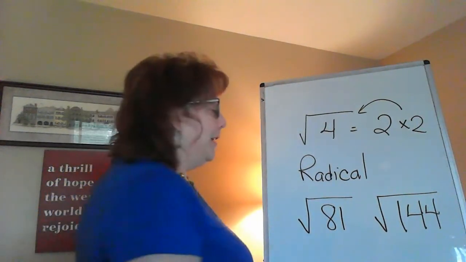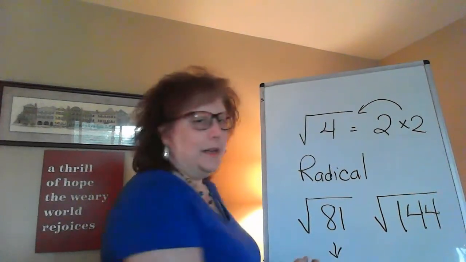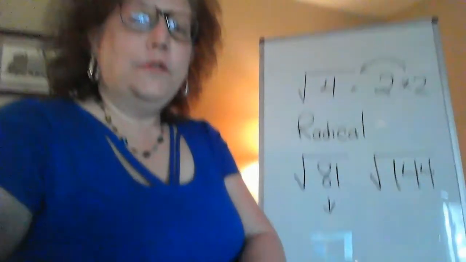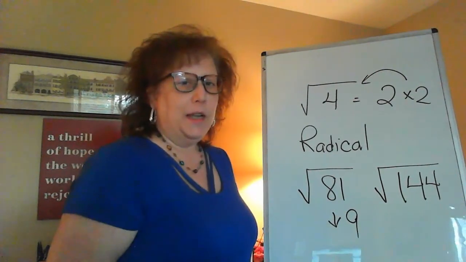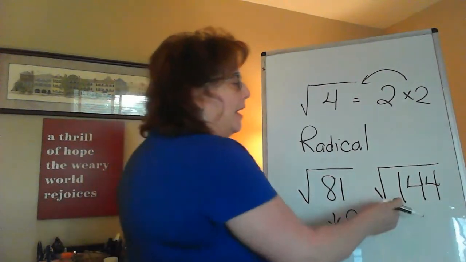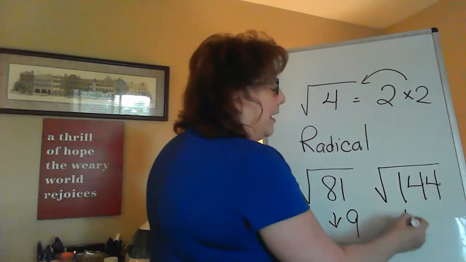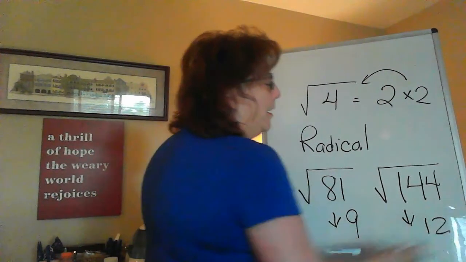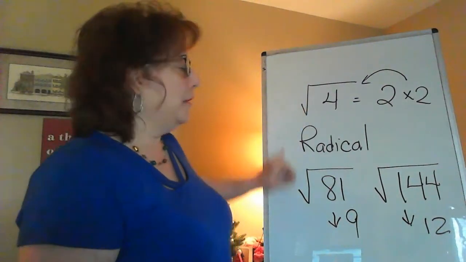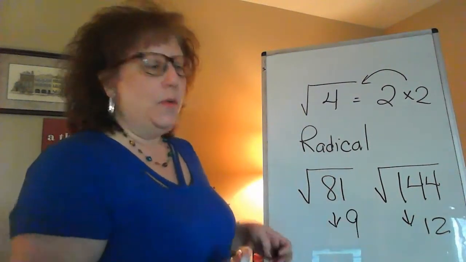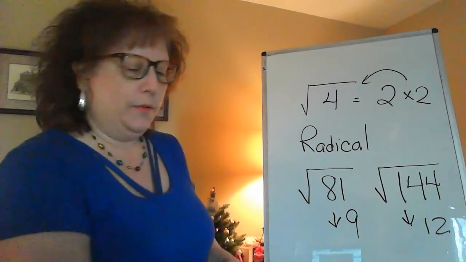If you're back, the answer to this one, and I hope that you can see it on the screen, let me tip it down just a little, is going to be 9. 9 times 9 is 81. And for 144, the answer is going to be 12. So if you see the symbol, it's called a radical, and here you know how to solve those.